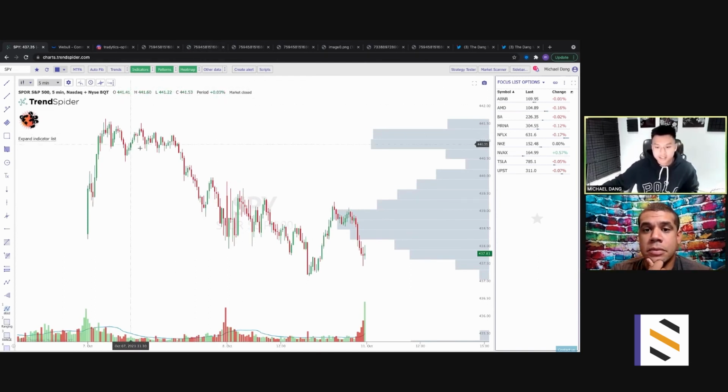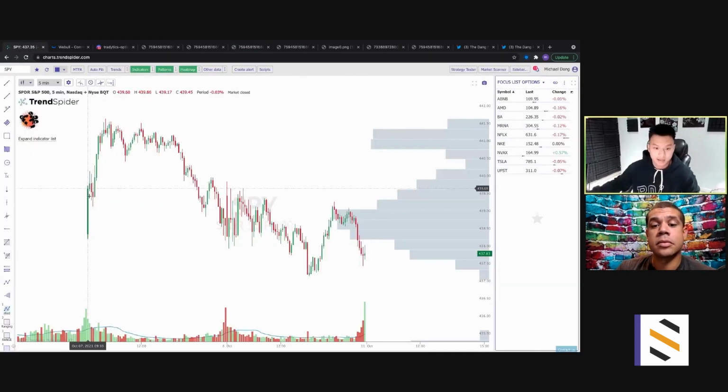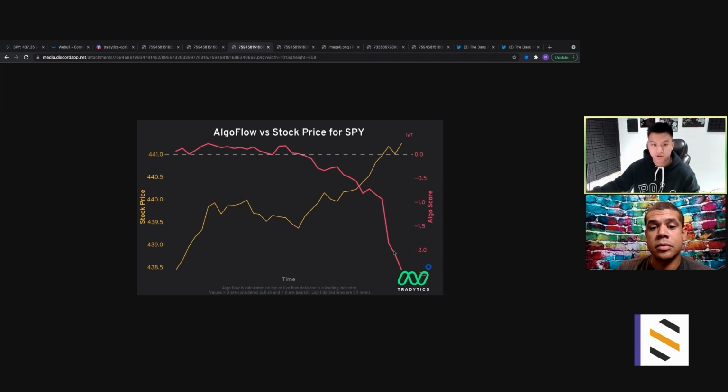So this is Thursday and this is Friday. This screenshot was taken on Thursday. This move with the stock price was right here. And then the algo flow started dropping.